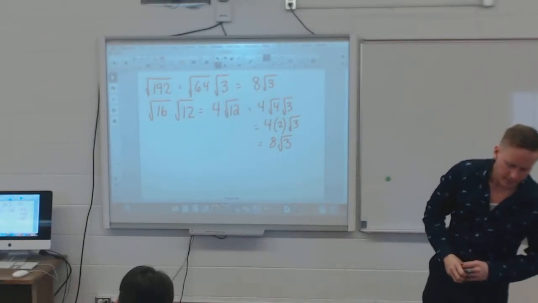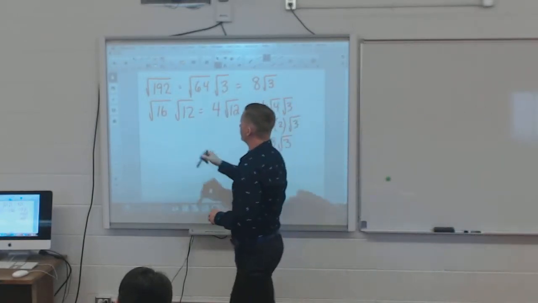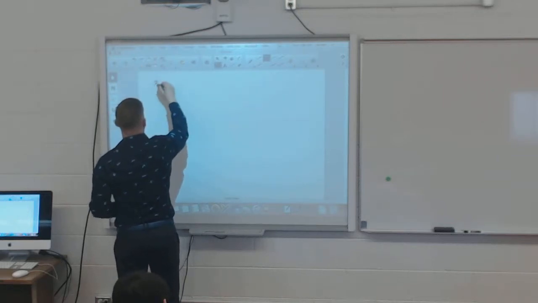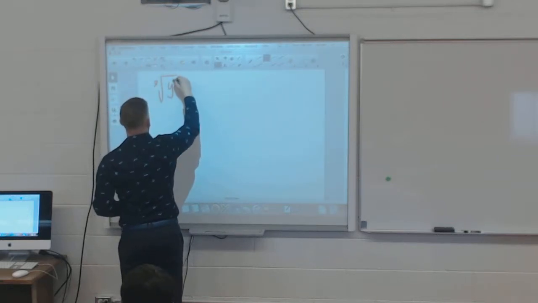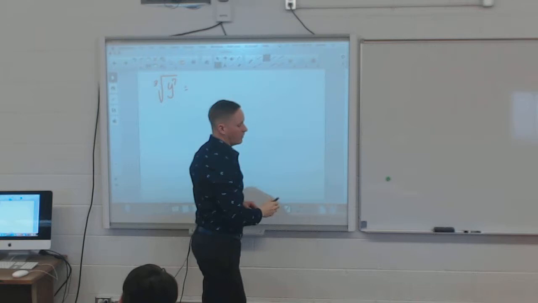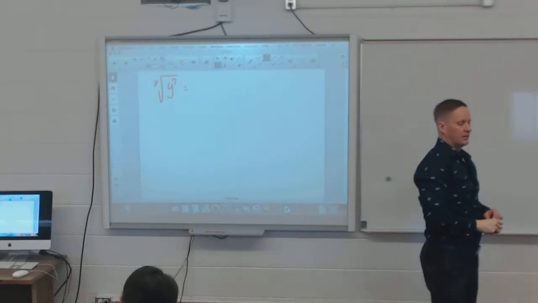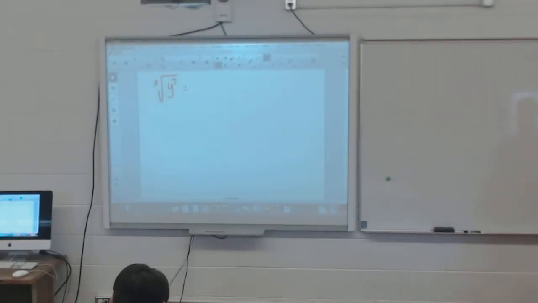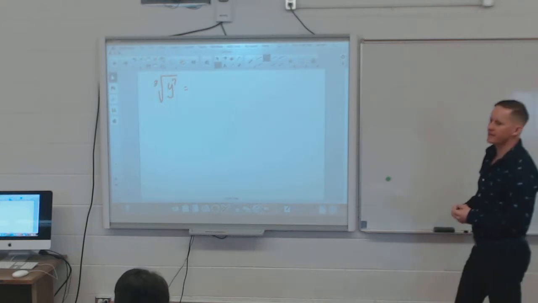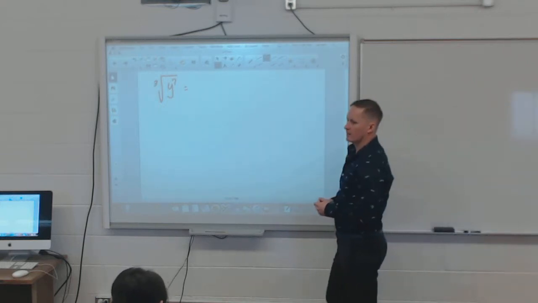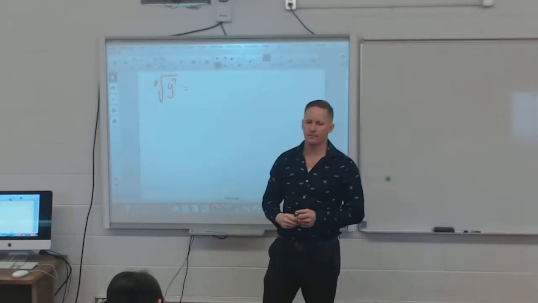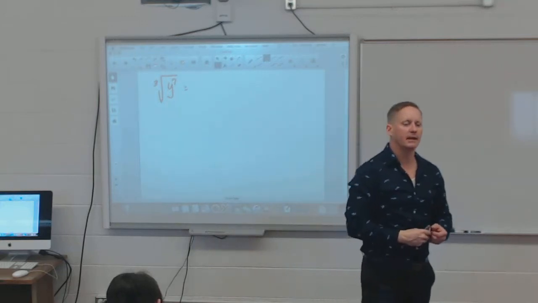Alright, because I haven't done this for a couple minutes, I'm going to do it again. Cube root y to the 7. You guys go. What is the cube root of y to the 7? Remember the question that I asked you that led you to the answer.